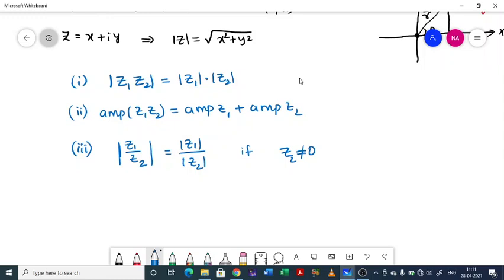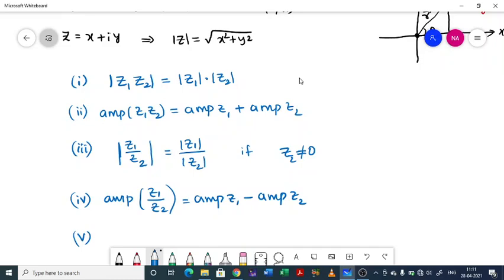Next, amplitude of z1 by z2 is equal to amplitude of z1 minus amplitude of z2. And the last one is called triangular inequality.